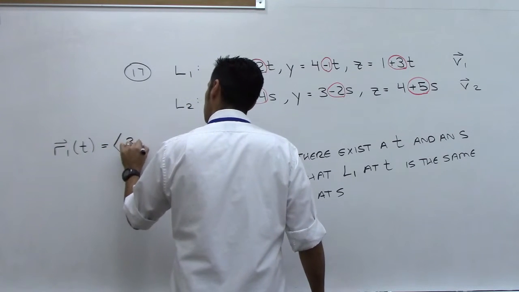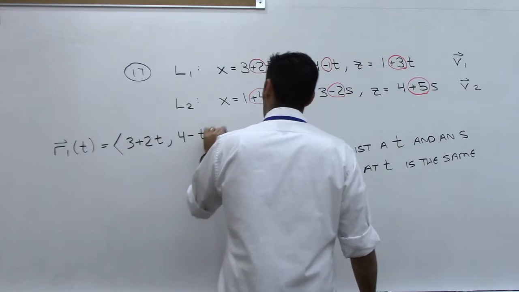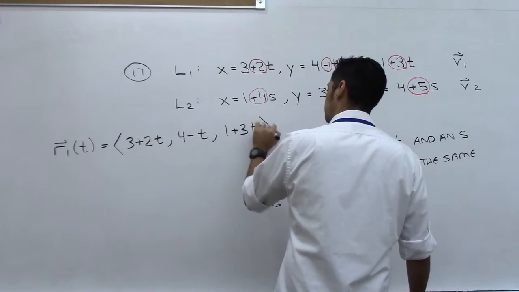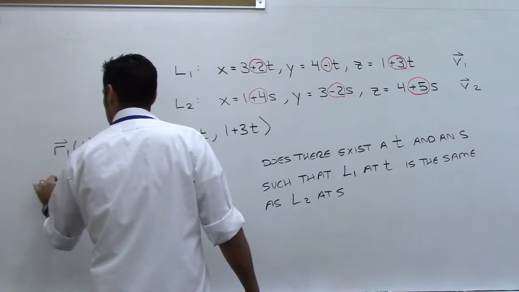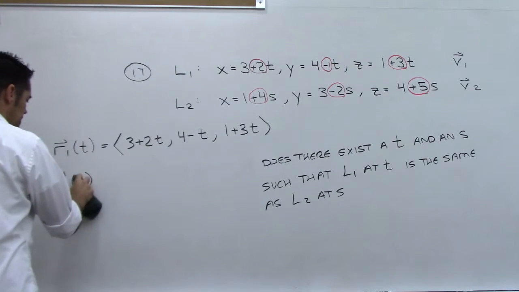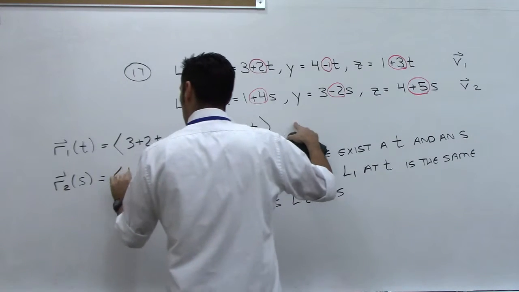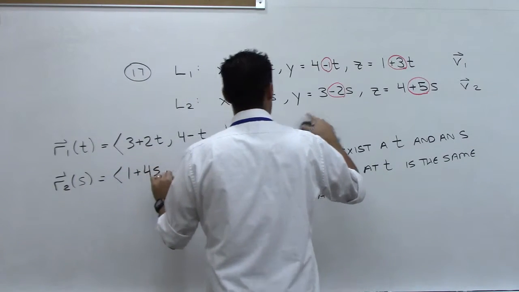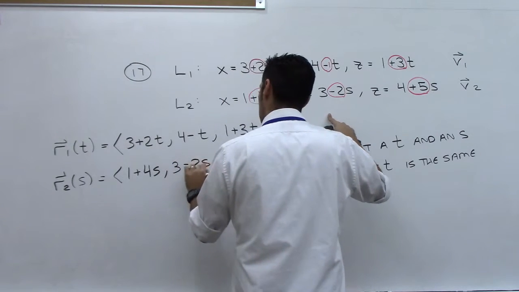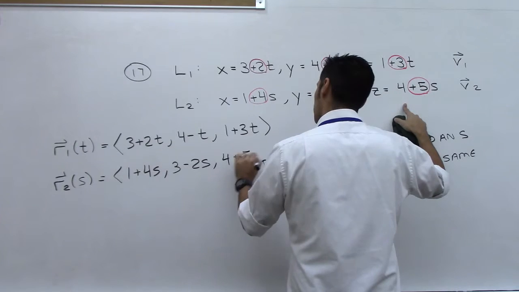So 3 plus 2t, 4 minus t, 1 plus 3t. And then I'm going to write the vector form of the second line, which I'll call R2 of s, equals 1 plus 4s, 3 minus 2s, and then 4 plus 5s.